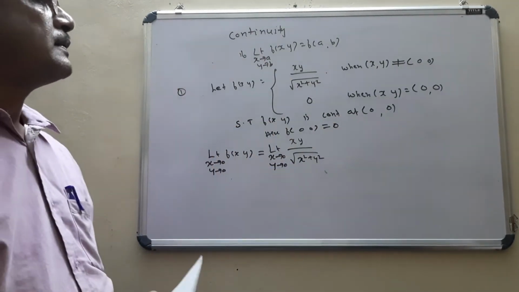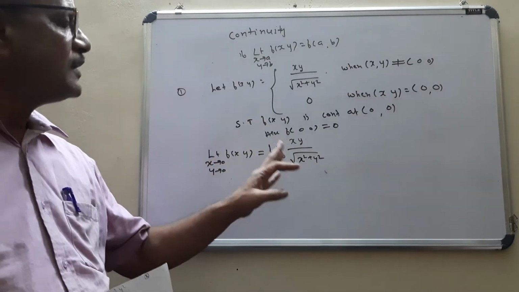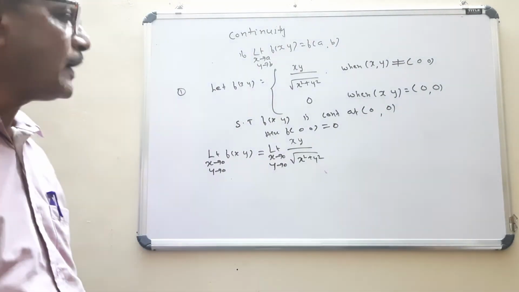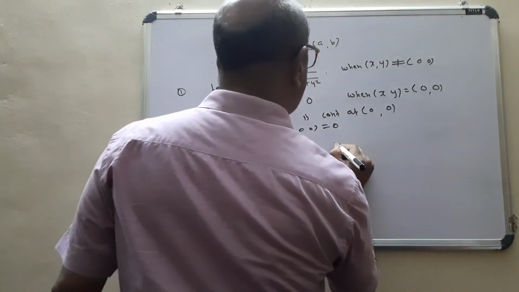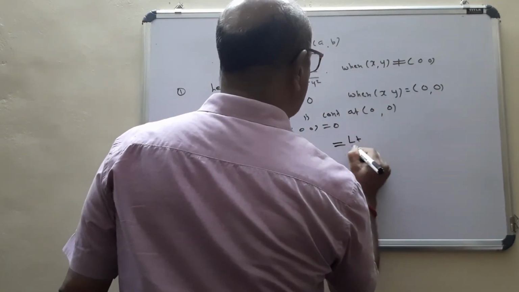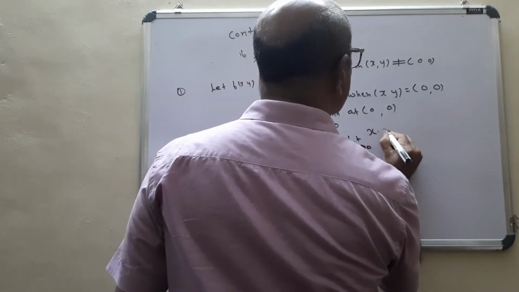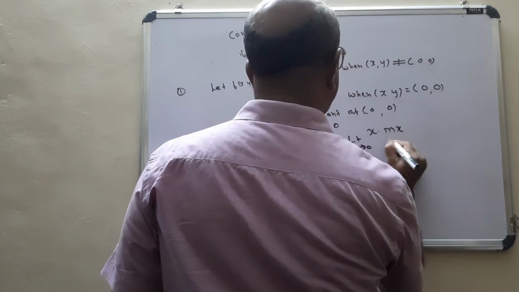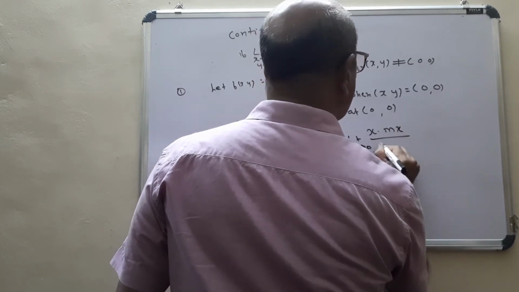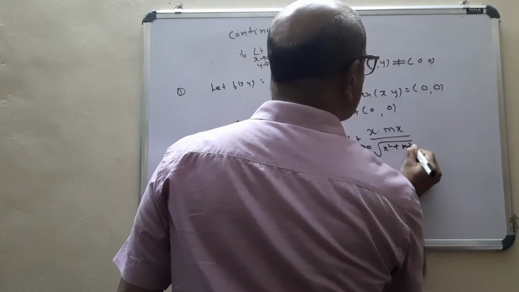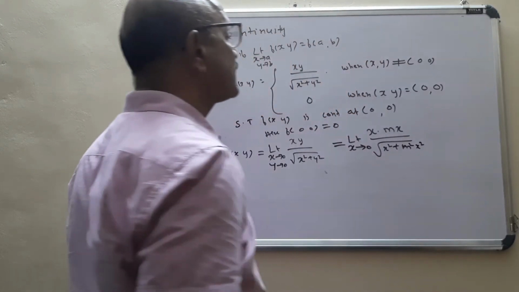So as usual, take (x, y) going to (0, 0) along y is equal to mx. Using that idea, I can write this as the limit as x goes to 0 of x times mx, because y should be replaced by mx, divided by the square root of x square m square plus x square.